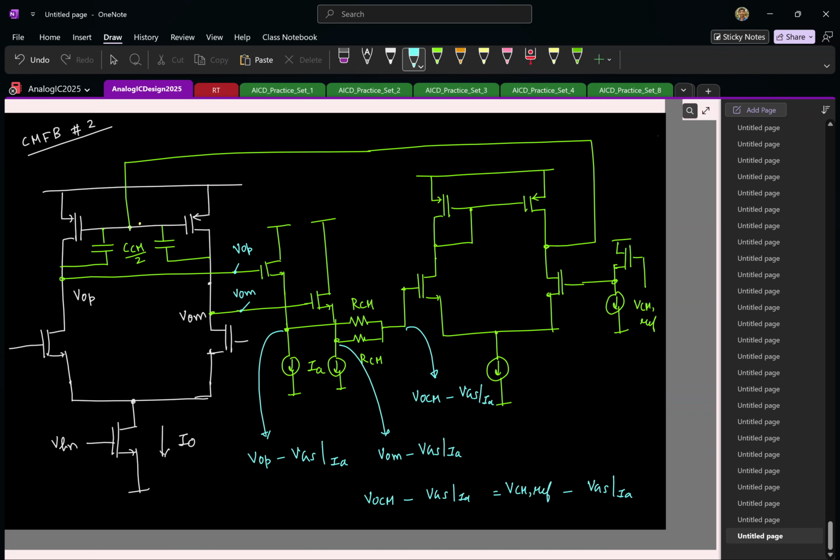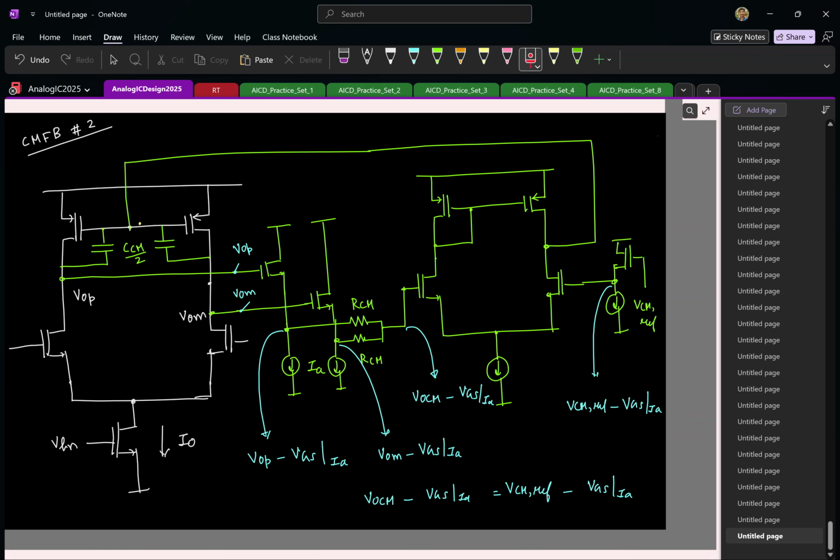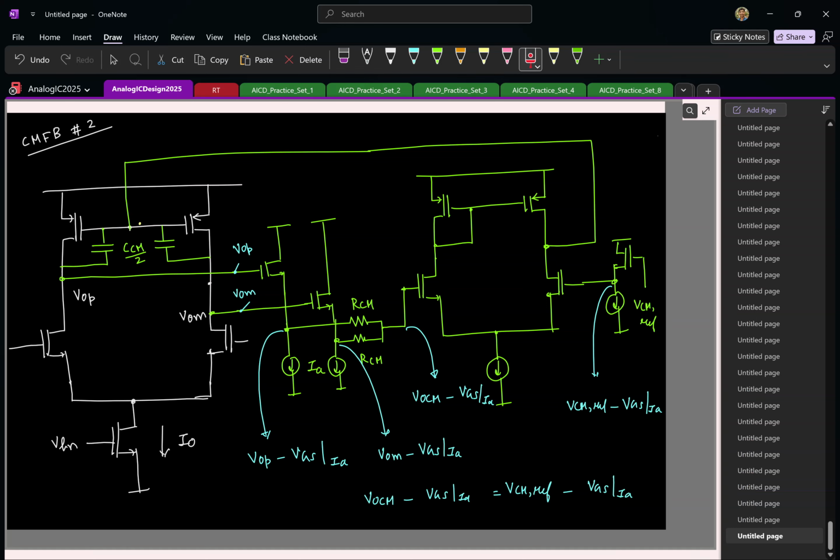Now this voltage will be VCM ref minus VGS at that particular current IA. Now these two will be made equal. Okay. Now this I'll call it as variant 3.